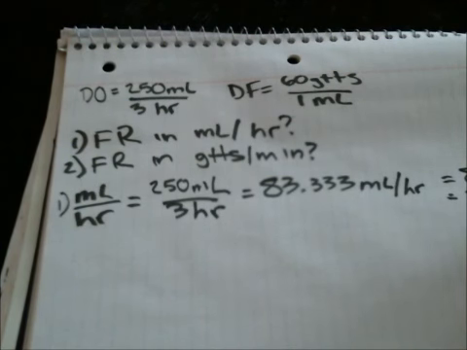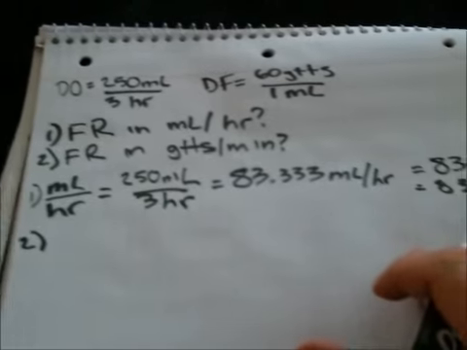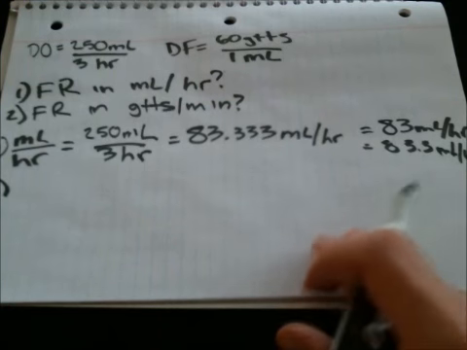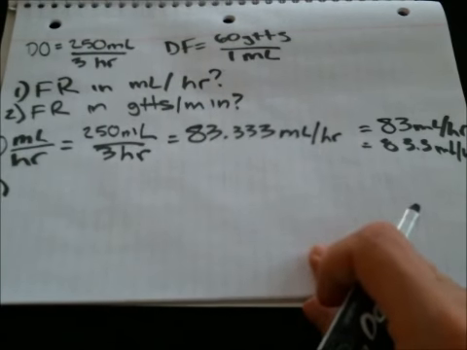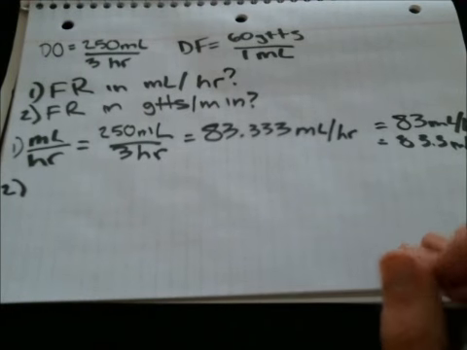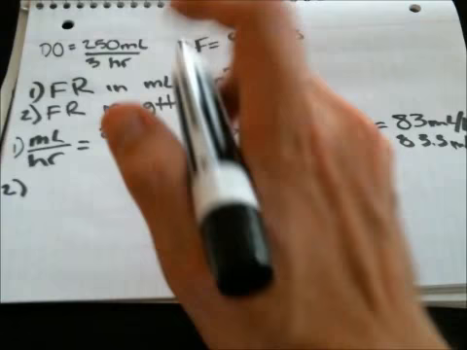That was easy. What about number 2? Sorry, I'm looking at my paper, not enough at the camera. Can you see how that worked? Okay. So number 2, we're looking for what's the flow rate in drops per minute.